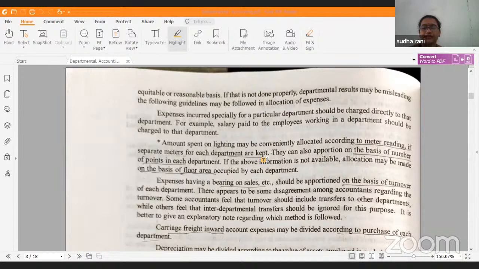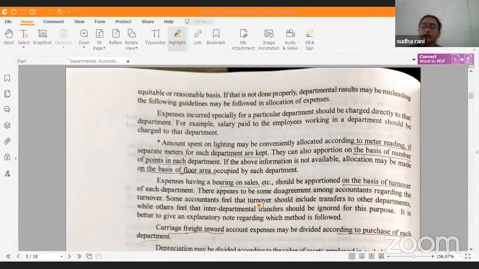Similarly, sometimes based on floor area they occupied. Okay, the next one is that you have one more thing, like sales related expenses. For the entire Big Bazaar he is giving one common advertisement.